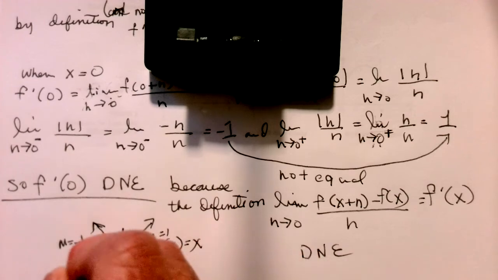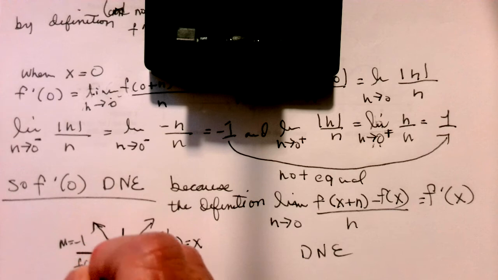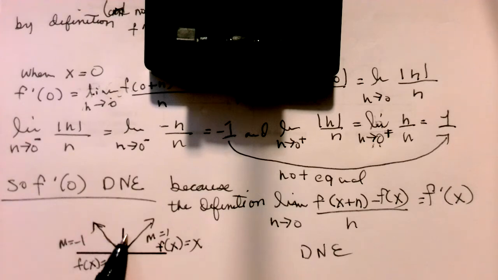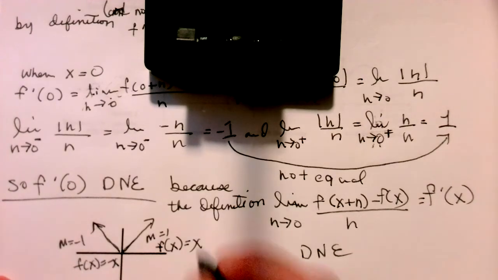Then over here, the function is f of x equal minus x. And each side is a straight line. If it's linear, the slope of the tangent line is just the slope of the line.